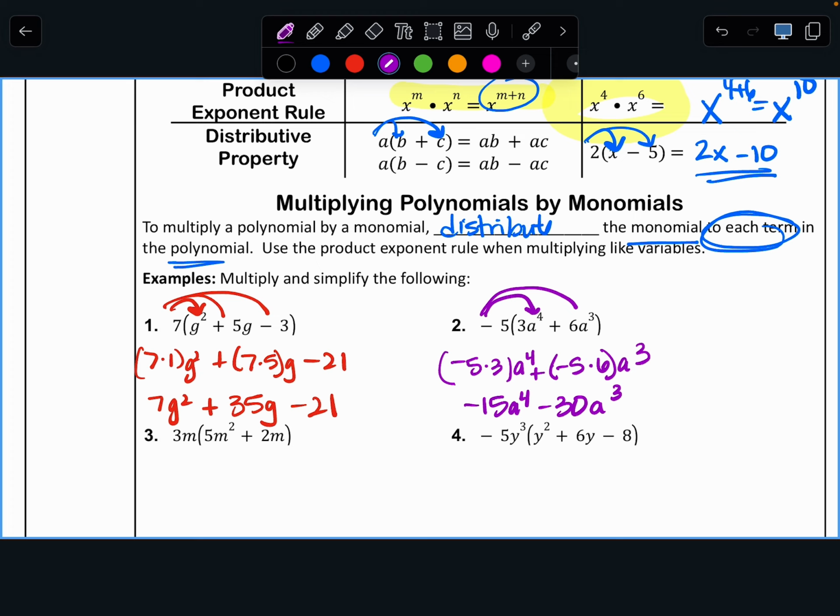So again, we're multiplying the coefficients, the negative 5 and the positive 3, times a to the 4th, and then negative 5 times positive 6 becomes negative 30, and then we multiply the constants.